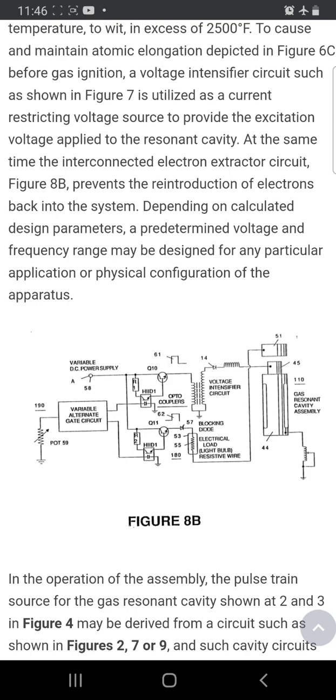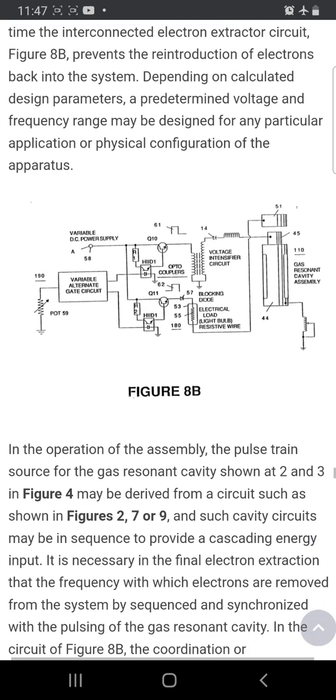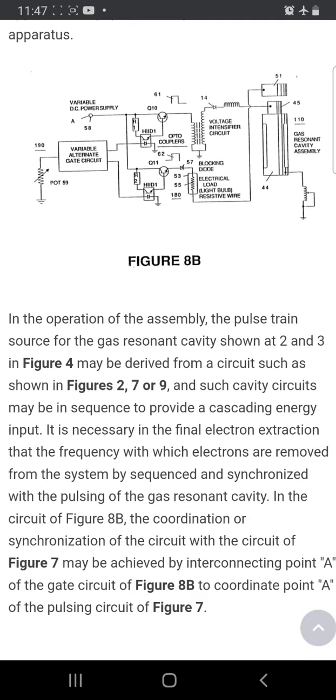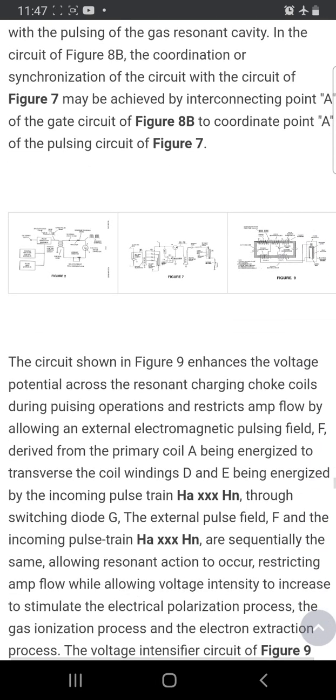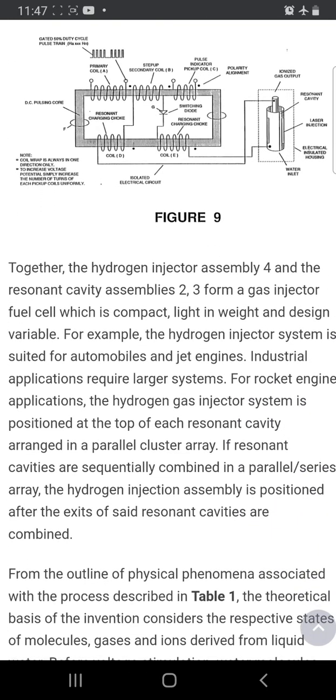I can't find that video anymore. It was a fellow experimenter who had just shown the difference between what happened with his cells with center positive versus center negative, and it looked to be more action on the center positive. But everybody keeps following the main patents that you see and going with the opposite. If you look here, the diode is on the outer, so that would be outer positive.